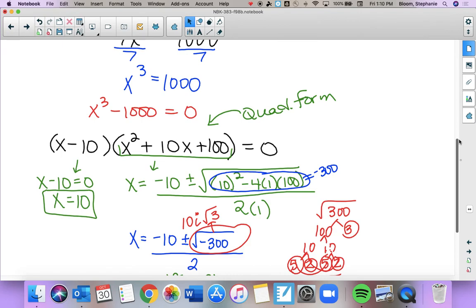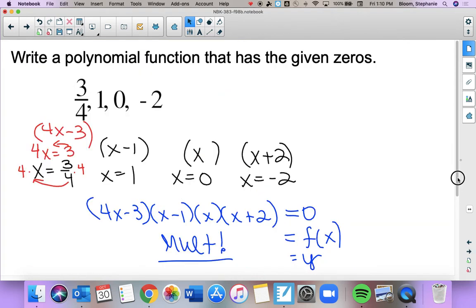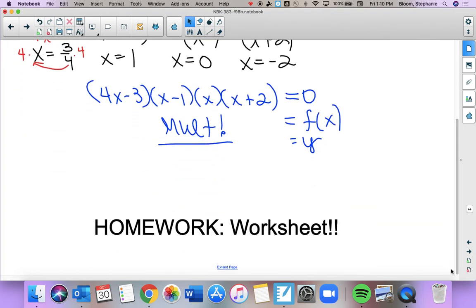Once you multiply it all out, I don't know, something x to the 4th. Do you want me to do it? I'm not going to be able to do that in my head. So if you can, then kudos to you. But I'd probably go ahead and do this here.